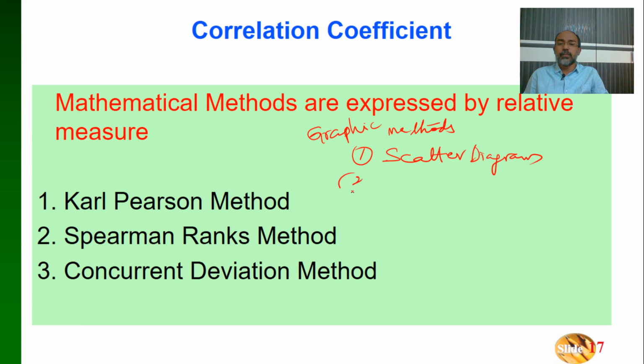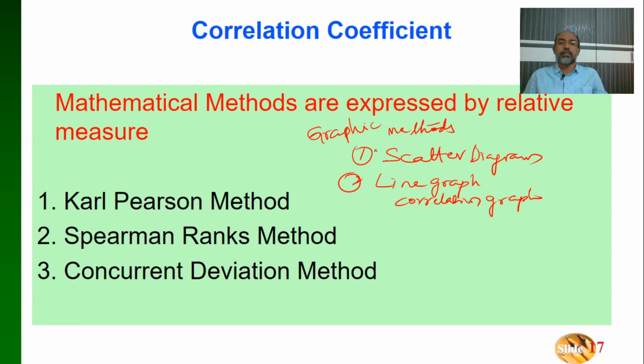Number two is the line graph. It is also called the correlation graph. So this is already discussed.